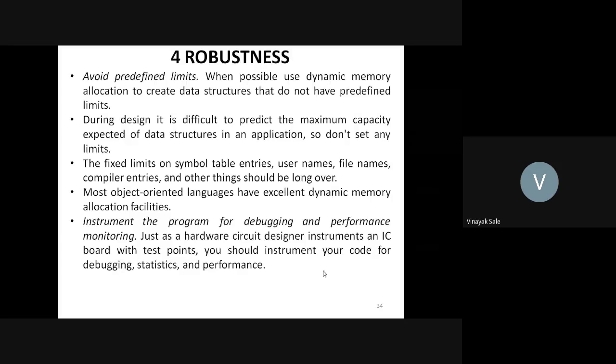So avoid predefined limits when possible. Use dynamic memory allocation to create data structures that do not have predefined limits. During design, it is difficult to predict the maximum capacity expected of data structures in an application, so do not set any limits.